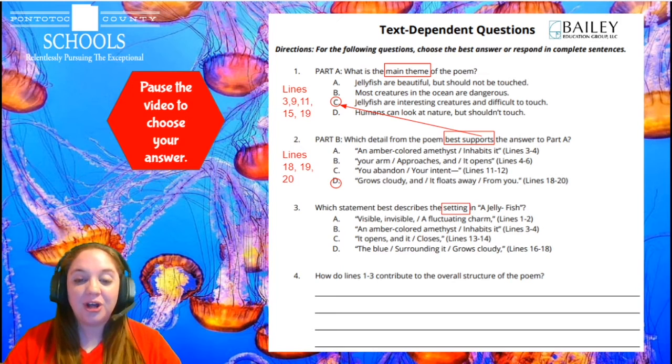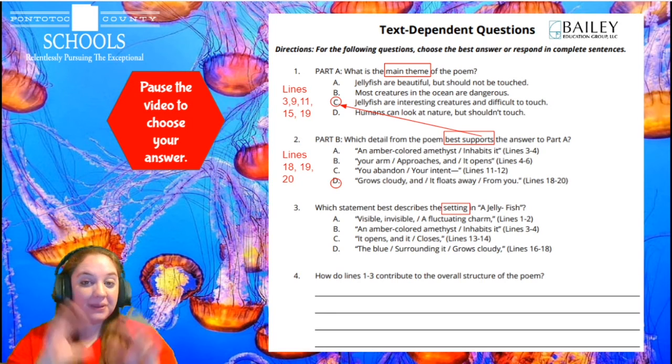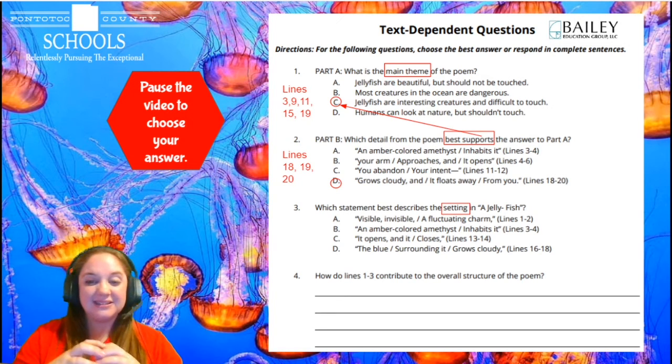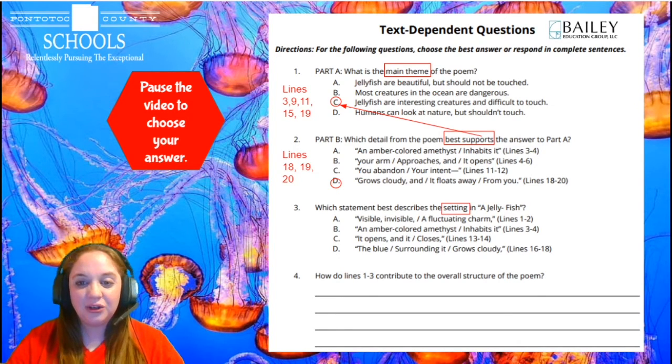An amber-colored amethyst inhabits it, lines 3 and 4. It opens and it closes, lines 13 and 14. Or the blue surrounding it grows cloudy, lines 16, 17, and 18.